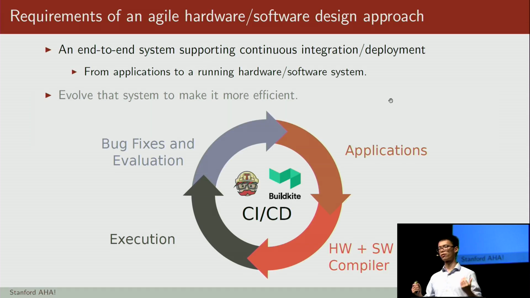At Stanford, we believe there are two major requirements to enable agile hardware software design. The first requirement is to maintain an end-to-end system that supports continuous integration and deployment. That means we have a system that keeps track of the problem domain and lets users see the value in the system at a very early stage. In the context of building hardware accelerators, that means you have to map applications to running hardware as soon as possible.